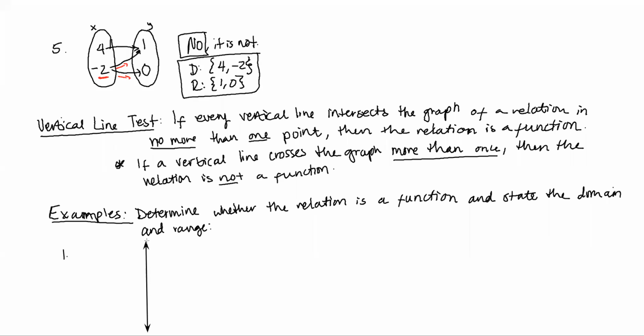So we're going to have our vertical axis, horizontal axis, and I'm going to put some points on there. So we're going to have the point -3, -1, so left 3, down 1. The point -2, 2, so left 2, up 2. The point 2, 3, so right 2, up 3. And the point 3, -2, so right 3, down 2.